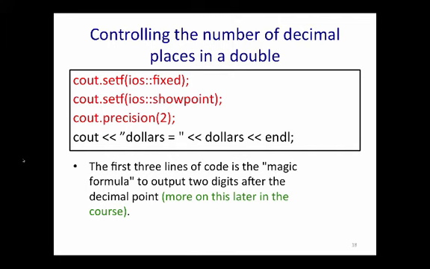And you often are going to want to be able to control the number of decimal places that print out after a dot. So if I were to just say cout, say 5.0 divided by 3, you might well get something like 1.6667. But let's say I only wanted to print 2 digits of precision.